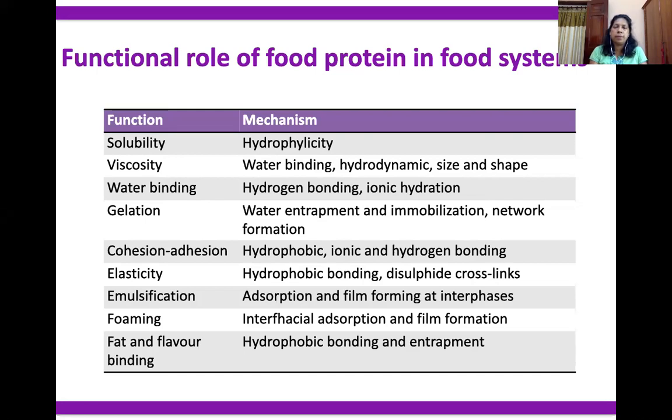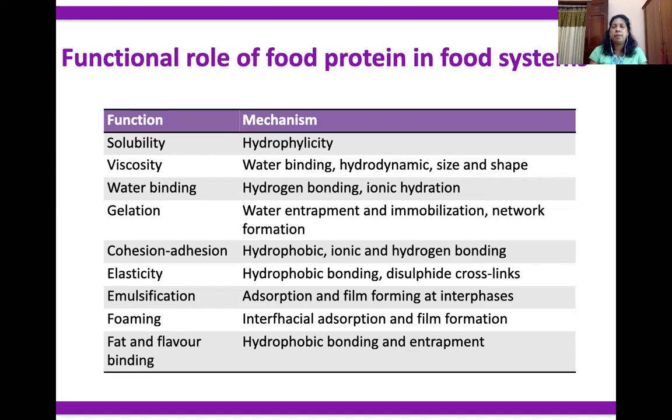The next function is elasticity, and the mechanism is hydrophobic bonding and disulfide cross-linking. Because of the disulfide cross-linking, the elastic texture is given. Once you press it, it comes back because of the elastic nature.